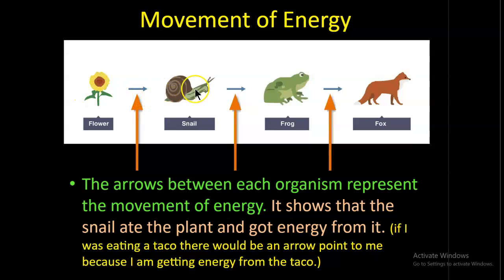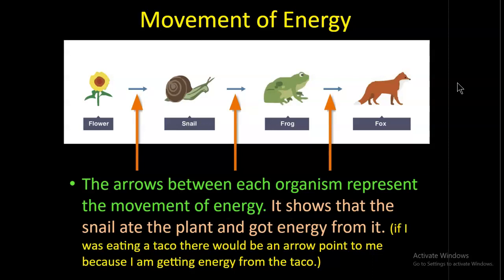For instance, I have my producer here, my flower, and it's giving energy to the snail. The snail is giving energy to the frog, and the frog is giving energy to the fox. So also, it shows that the snail ate the plant and got energy from it.